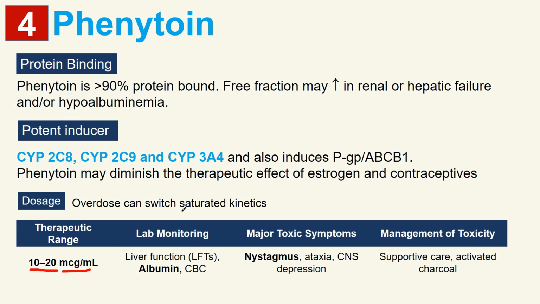Saturated kinetics can result in more phenytoin toxicity symptoms. Since phenytoin is affected by albumin, a major protein in the blood circulation, you have to monitor albumin and liver function tests. And the most tested question in the exam is about the toxic symptoms of phenytoin.